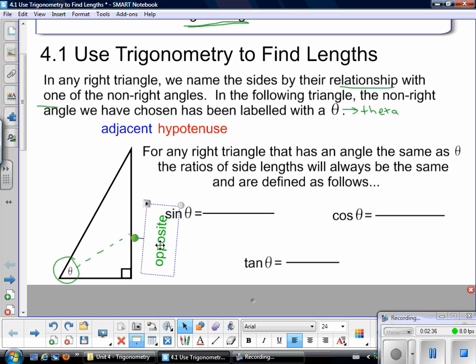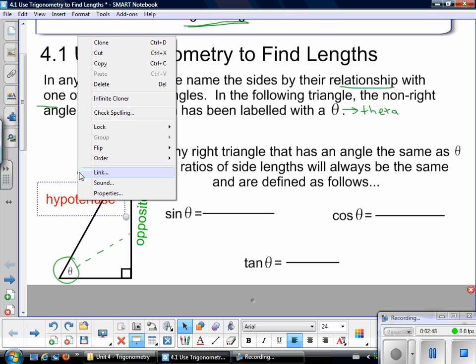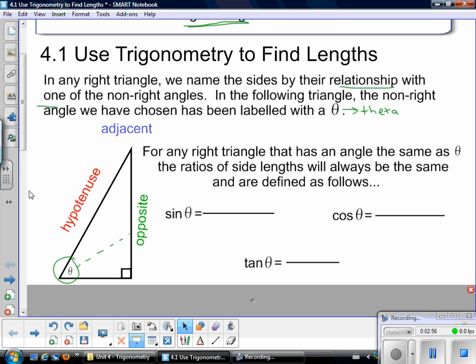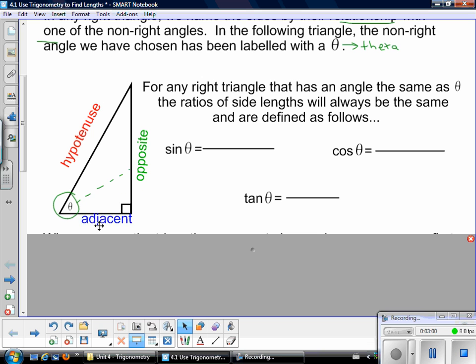So that is the opposite side. Opposite of the right angle is our hypotenuse. And then what we're left with is adjacent, and obviously adjacent will be located in this triangle at the bottom.